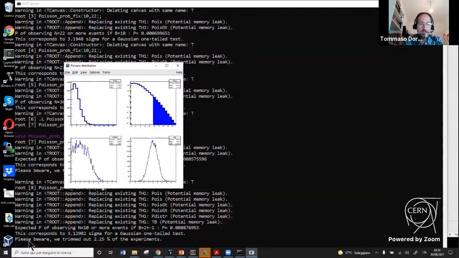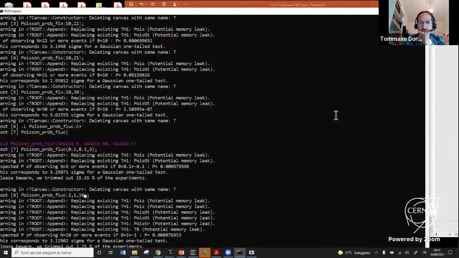And the code also tells you, please beware, we trimmed out 2.25% of the experiments because in this case this background of 2 plus or minus 1 means that sometimes it was getting negative values of B, and we cannot live with that because the Poisson doesn't exist. So we have to do something about that. But all right, this is just a warning that we get.